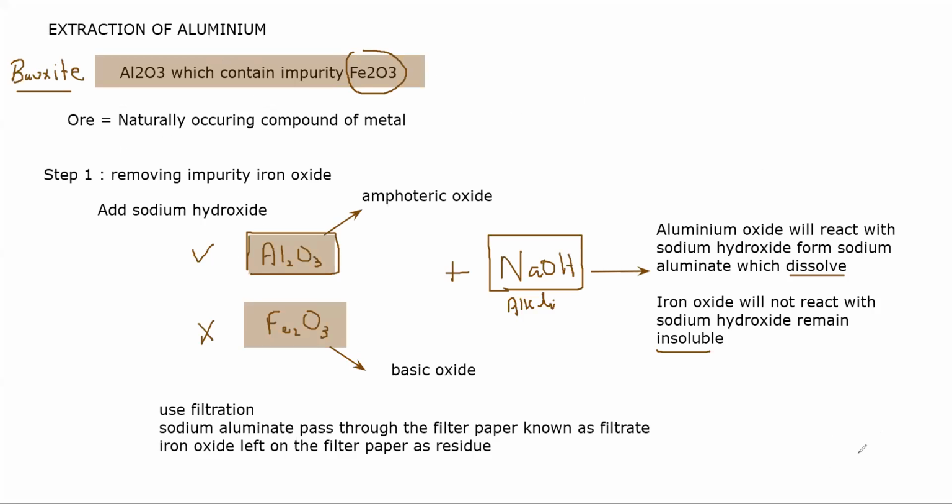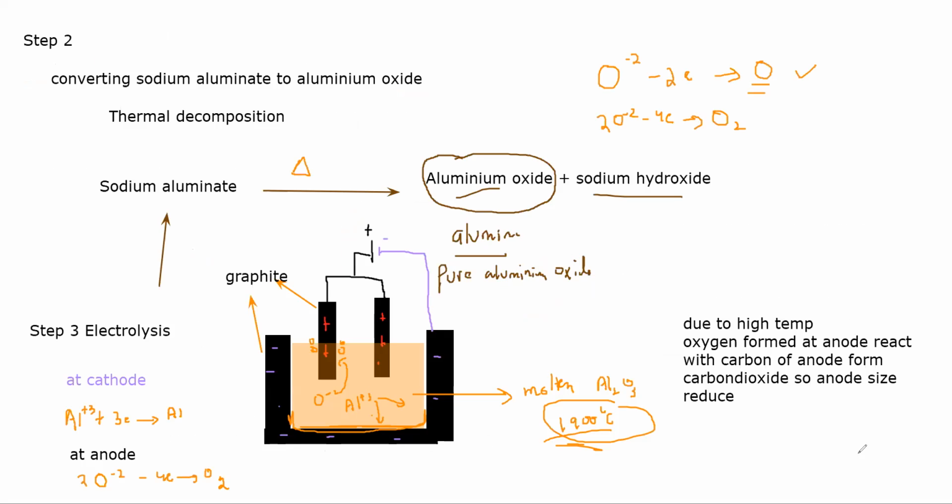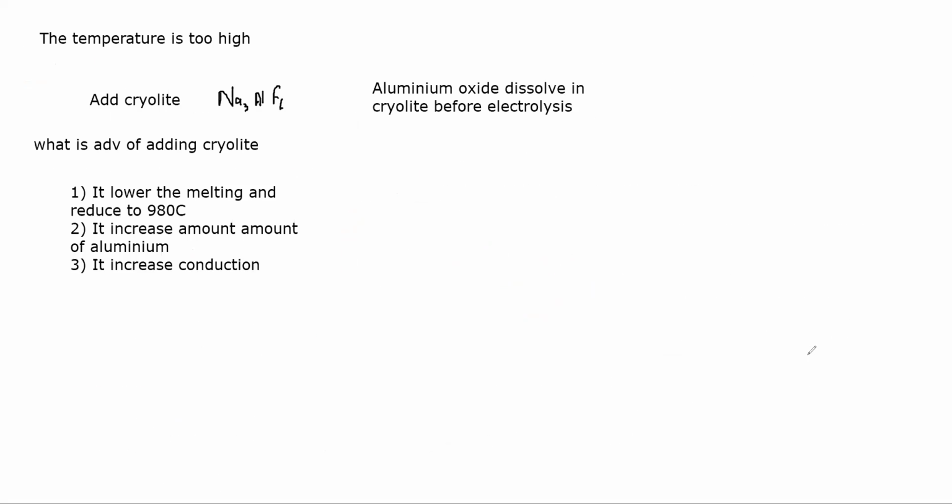Then we mix this with sodium hydroxide. Then we filter and heat it, then carry out electrolysis. Instead of carrying out electrolysis of the molten oxide directly, we carry out electrolysis of molten oxide with cryolite, so that it lowers the melting point.